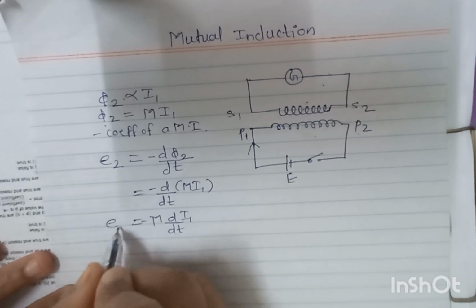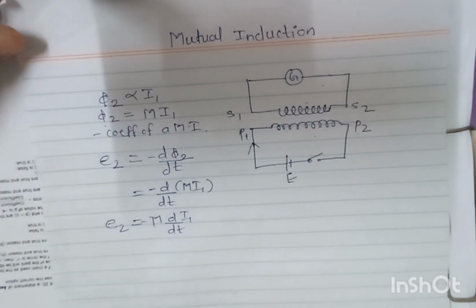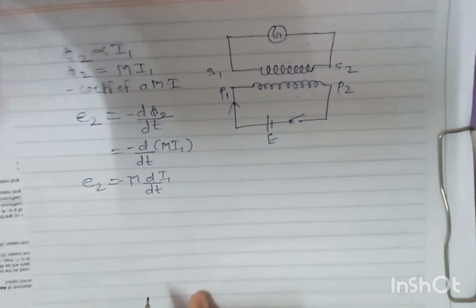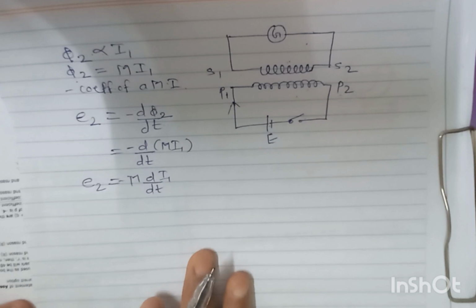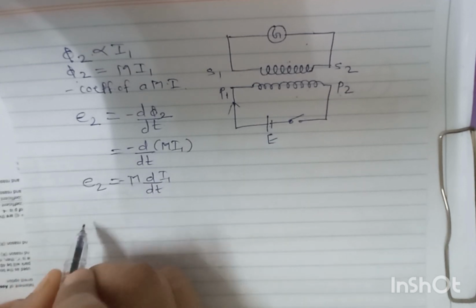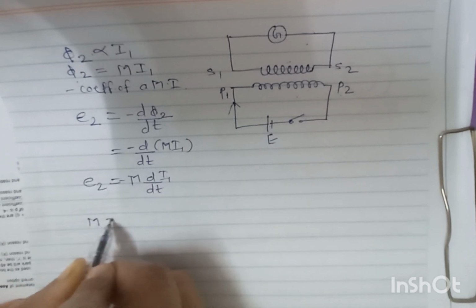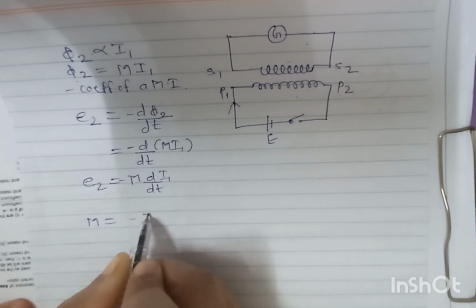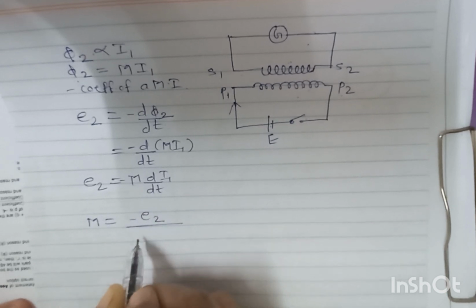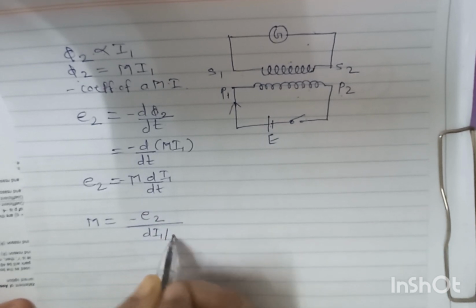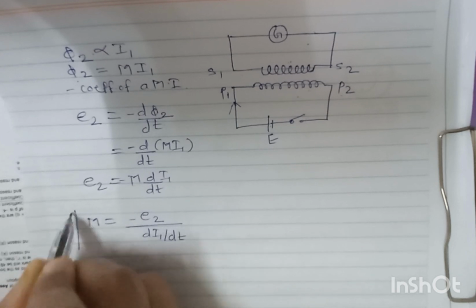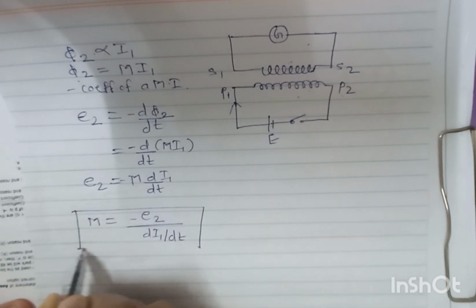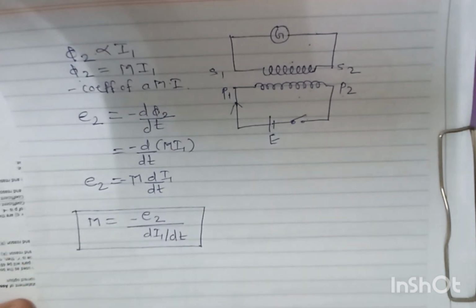This is the induced EMF in the secondary coil, and if we rearrange the terms for mutual inductance, we get M equals minus E2 divided by dI1 by dt. This is the expression for the coefficient of mutual induction.